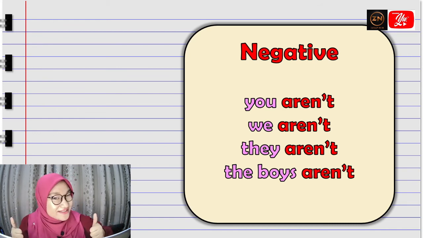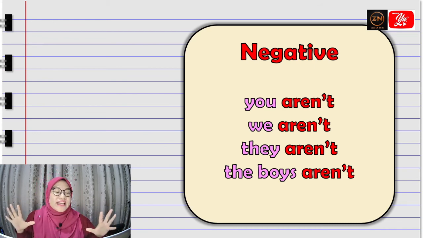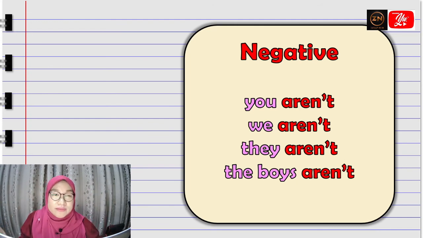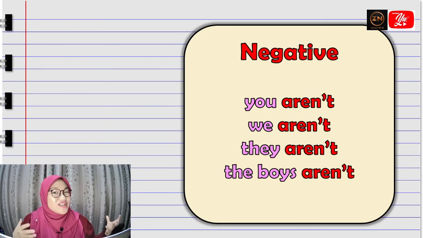So far, so good, right? If you still get confused with this, you can go check out all the online practices, the websites for English practice that you can go check out. So go ahead and keep on practicing so that you can improve your understanding, and it will become second nature knowing which verbs to be to use with which subject.